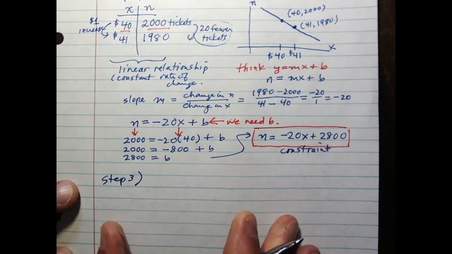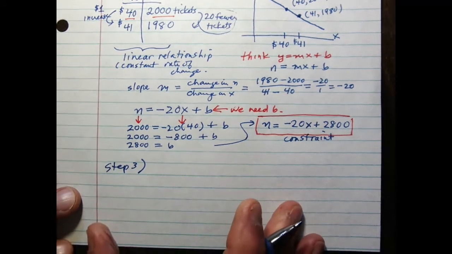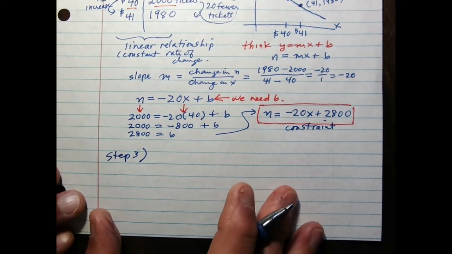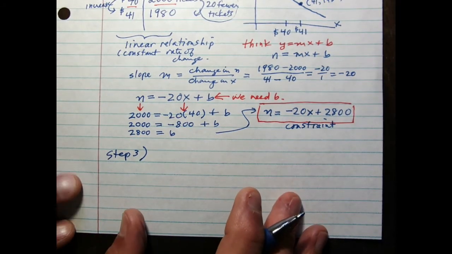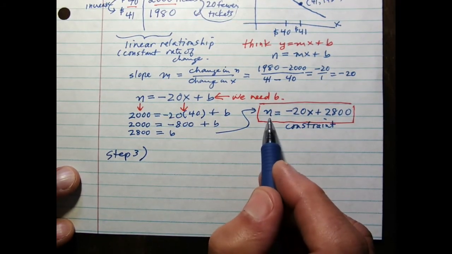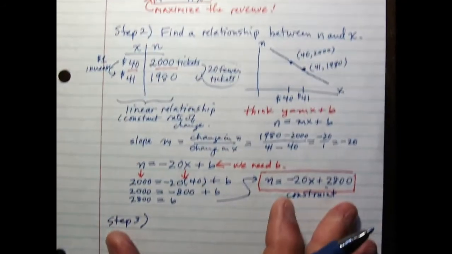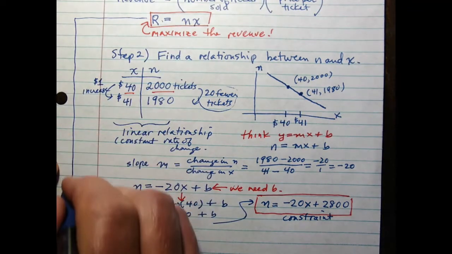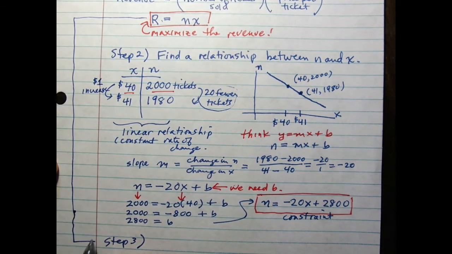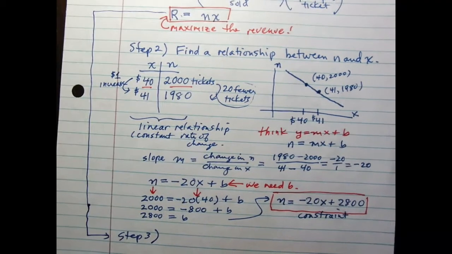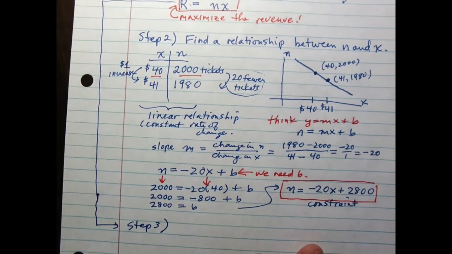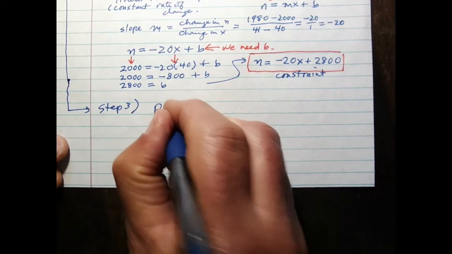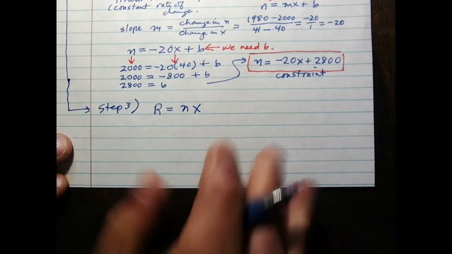Step 3 says solve for a variable in the constraint equation, then substitute into the function from step 1. Well, we already have n solved for. So for step 3, I'm going to take my function r equals nx, the revenue function. That's what we want to maximize.